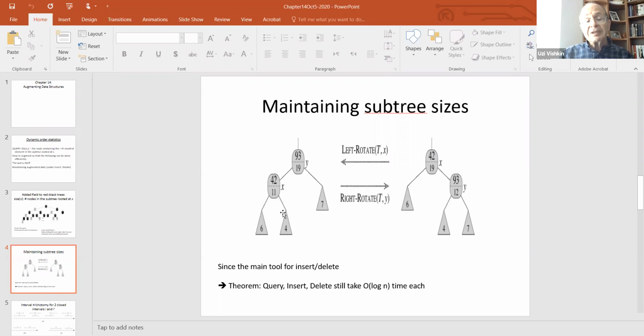This 4 will be subtracted from 11, right? And you need to figure out how to add it to the other side. So now it will be added to the 7 here, and to get the 12. Why? Because 7 plus 4 plus 1 is 12. So this 4 holds the key, because that's the only shift that happened.